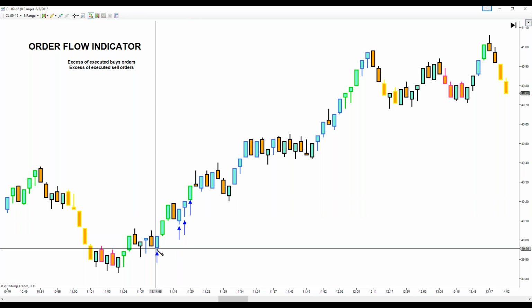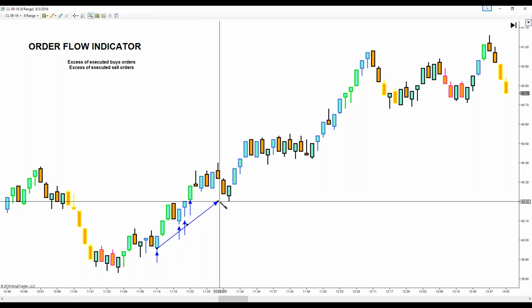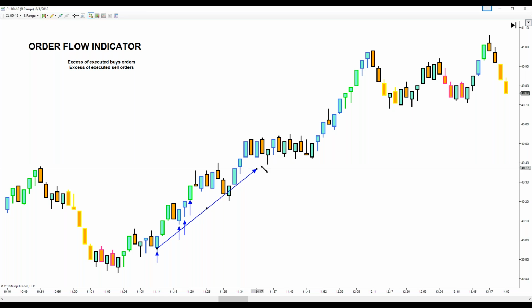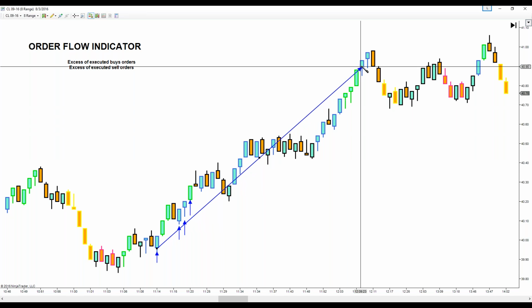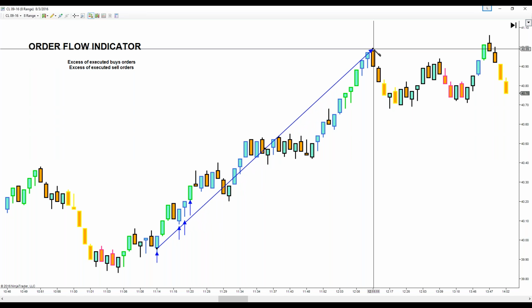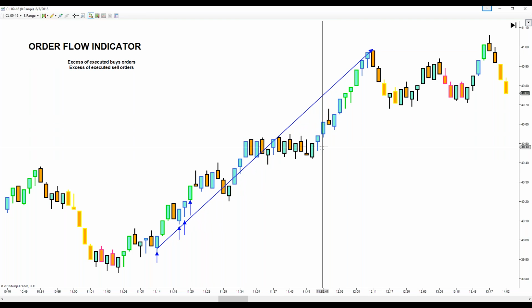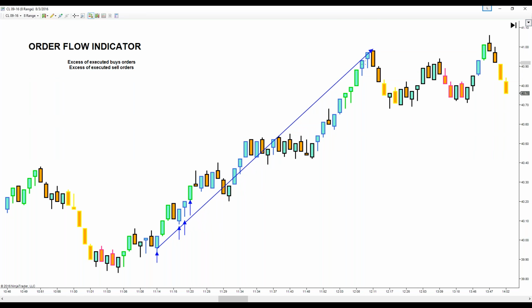And you can see when you get order flow aligned to the upside on these up candles, the strong predisposition there is for price to move up. And the order flow alignment is taking place on the 2 higher time frames.